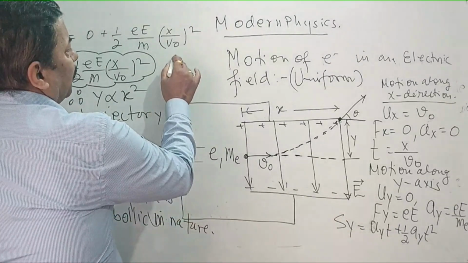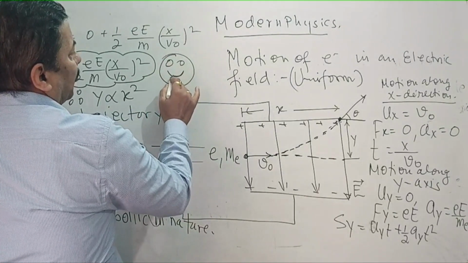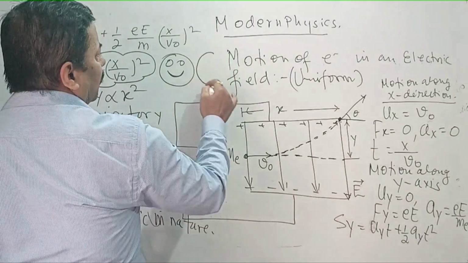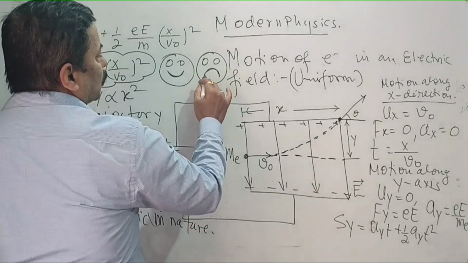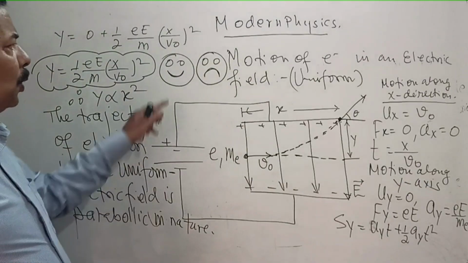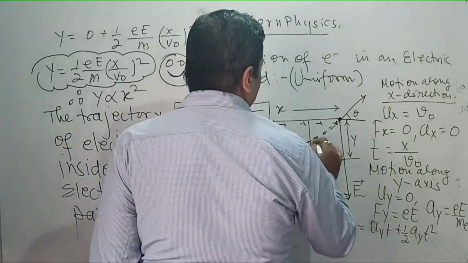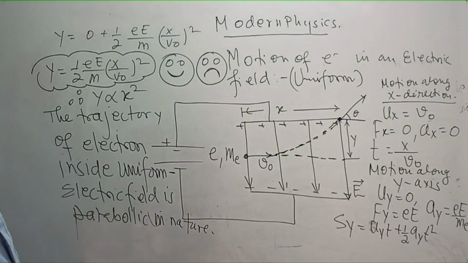In order to simply remember the parabola, you should remember it in this way. This shape is a parabola, or this shape that you are taking, this is also a parabola. Here also we are getting a similar shape. And you have read in projectile motion in the 11th class, that also tells about the parabolic nature.